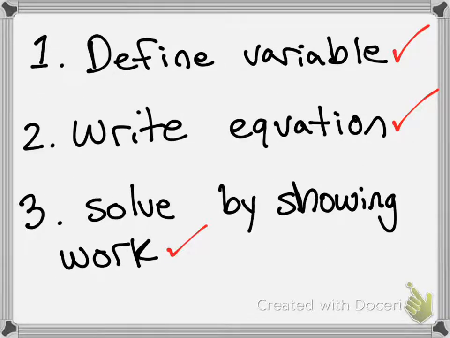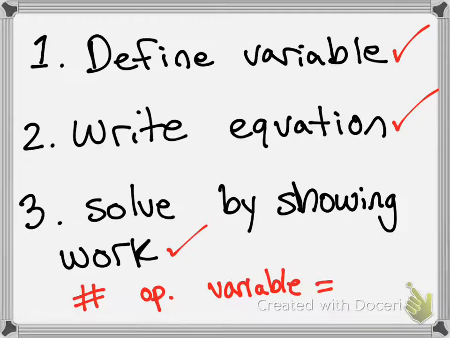So you need those 3 steps. You need to define the variable, write the equation, and solve by showing work. Now the important part about writing an equation is you need to have a number, an operation, a variable is going to be equal to a number.